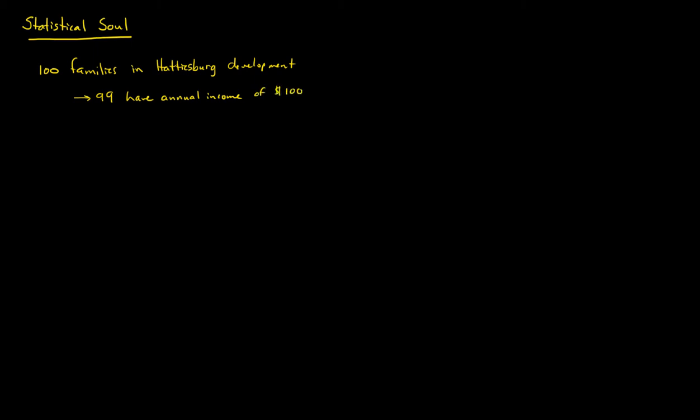Now, I know this is a ridiculously low value, but I'm doing this just to illustrate a point. All of those 99 families have the same $100 annual income. And then one of the families has an annual income of $90,100. Certainly, at this point, you're already thinking, wow, this is an extreme case. It must be some kind of outlier.